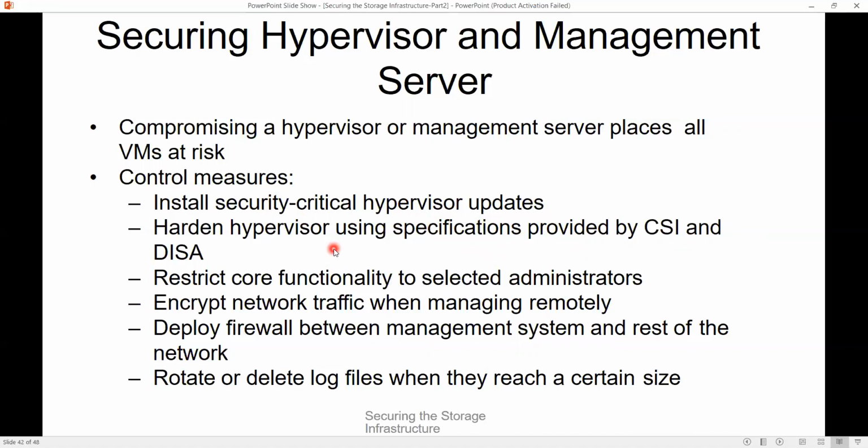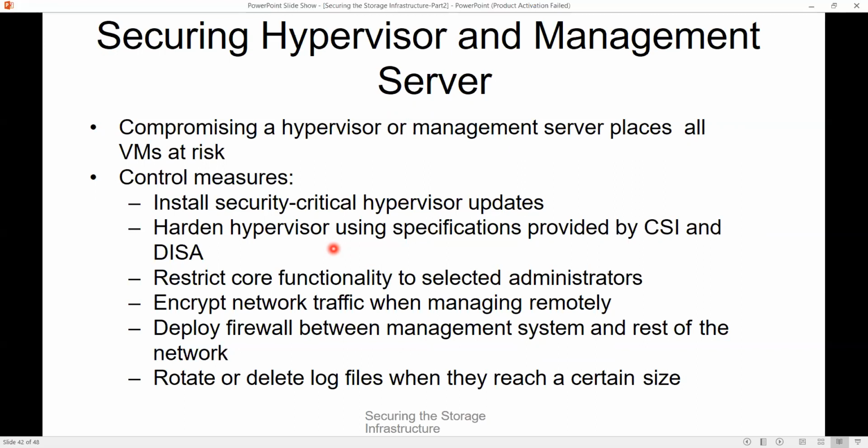Hardening means implementing proper security measures so that no malicious software or malicious user can attack it. So hardening basically means securing against any kind of malicious attack and making it less vulnerable to attacks, right?